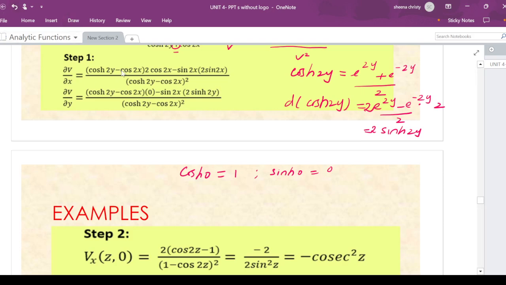Now cosh 0 gives you 1, minus cos 2z. Therefore, you will get 1 minus cos 2z, into 2 cos 2z, minus sin 2z into 2 sin 2z.